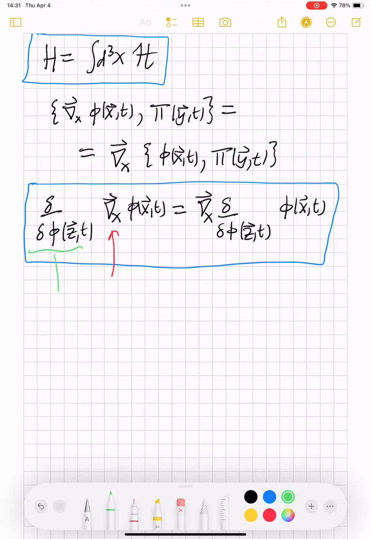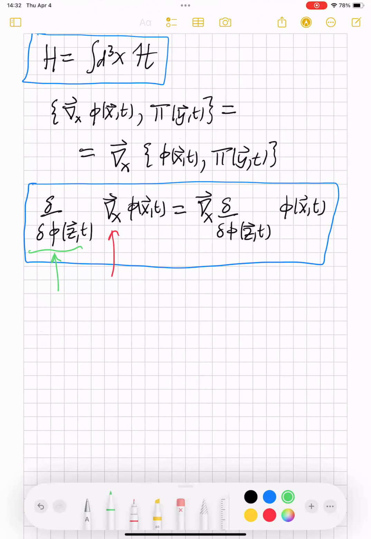The functional derivative is calculating the change when you change the entire function, okay? So these two derivatives actually act on two different spaces. Nabla acts on the space of functions, whereas the functional derivative is acting on the space of functionals. And because these two derivatives act on different spaces, in general, you would expect them to commute. So this is the assumption that we're making, that these two derivatives commute, and they do.